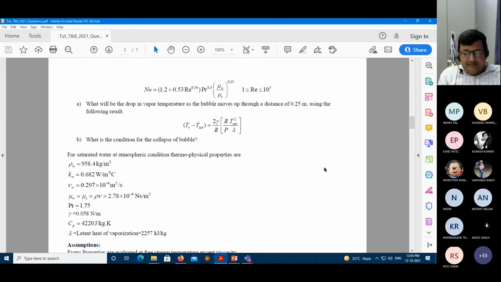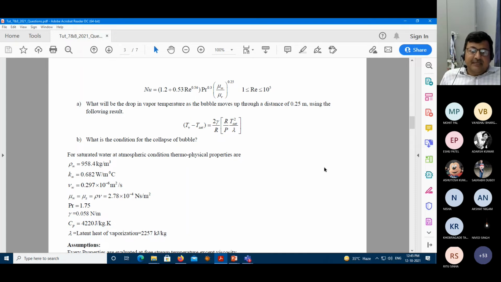Anybody got Reynolds number? Sir, is it 30,000? 30,168, something like that. Prandtl number, how much is Prandtl number? Is it given? Yeah, it is given, 1.75. A little higher because it is a two-phase system.